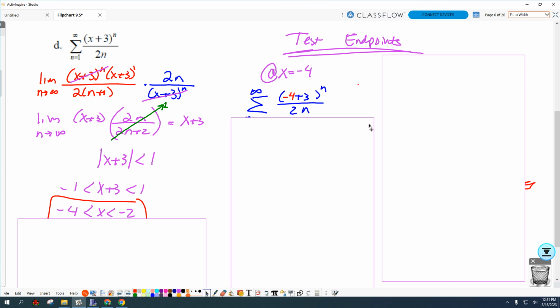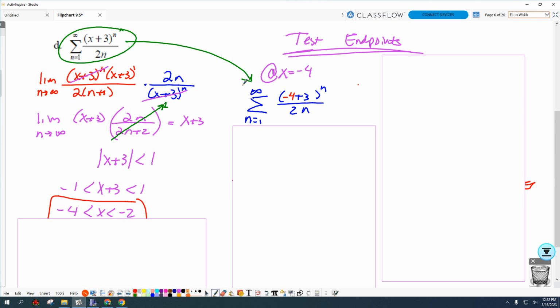So plugging in to this thing that we started with, it's not any old X value. It's now test the one endpoint that Hunter chose. So the only thing I swapped out is X. So Marco, what happens to this?